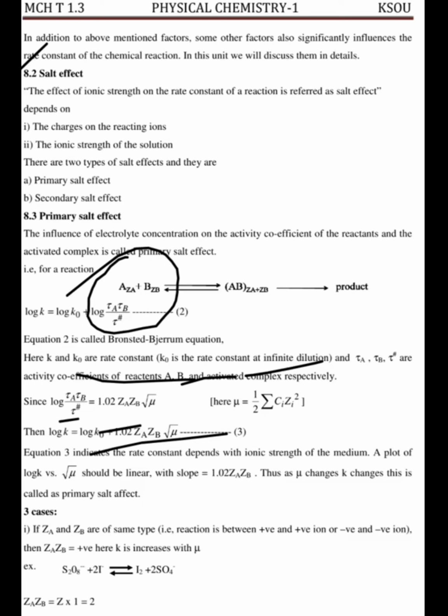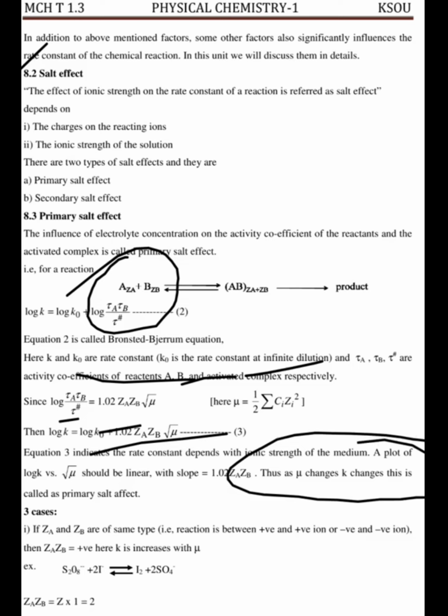That is what the primary salt effect says here. It mainly depends on the concentration of the electrolyte and the complex. As mu changes, k changes. This is called the primary salt effect.